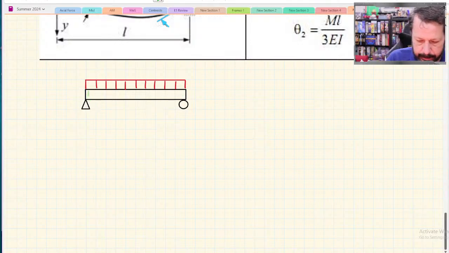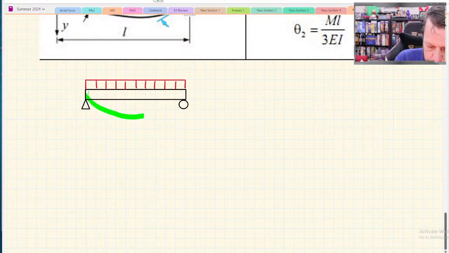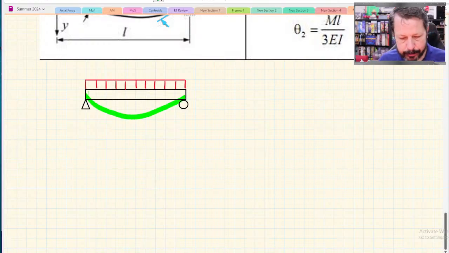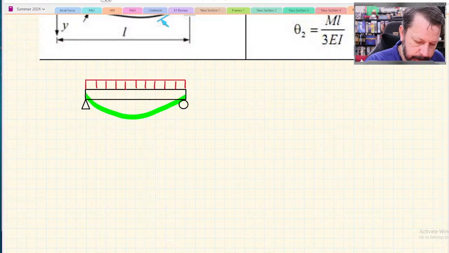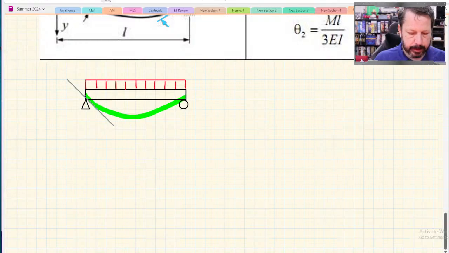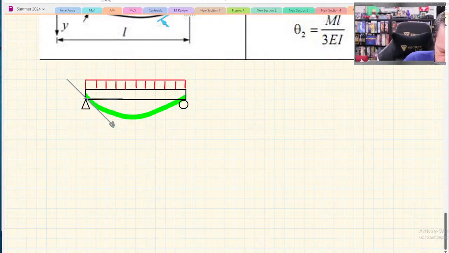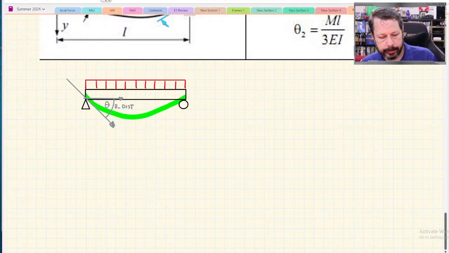So something like that. Extreme version of that. Which the slope at B then is this guy, right? And so I calculated that angle. I call that one theta dist, I think. Or theta B dist. I think is what I called it.